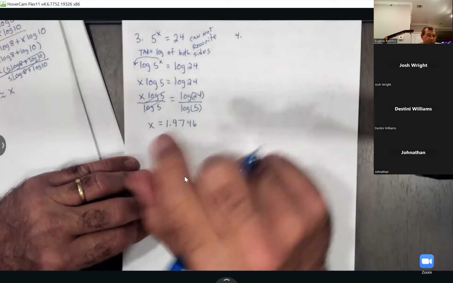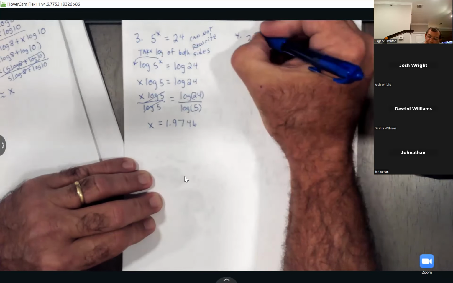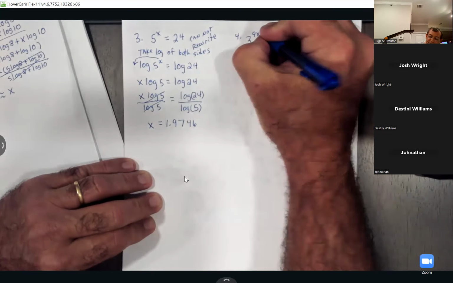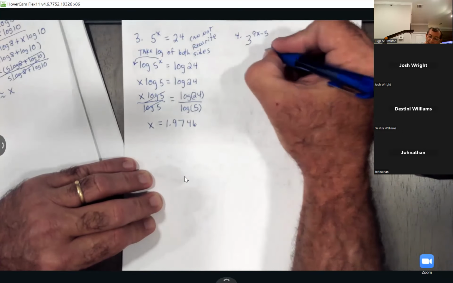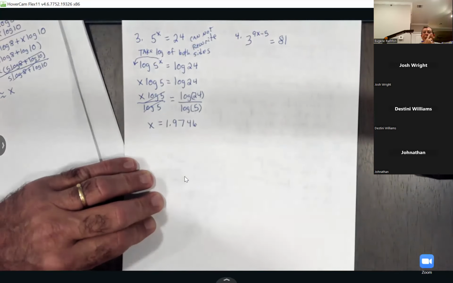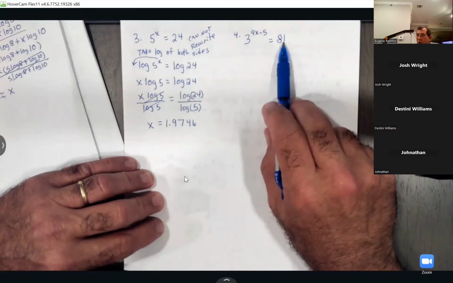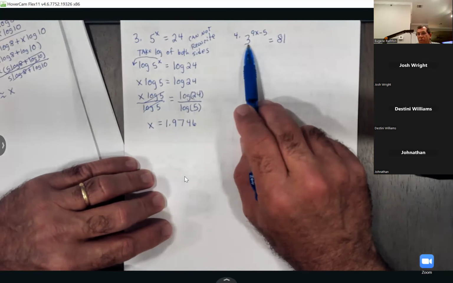All right, y'all, I've shown you both ways, so let's see what we can do here. We got 3 to the 9x minus 5. That's going to equal 81. So y'all, can you rewrite 81 using a base 3?